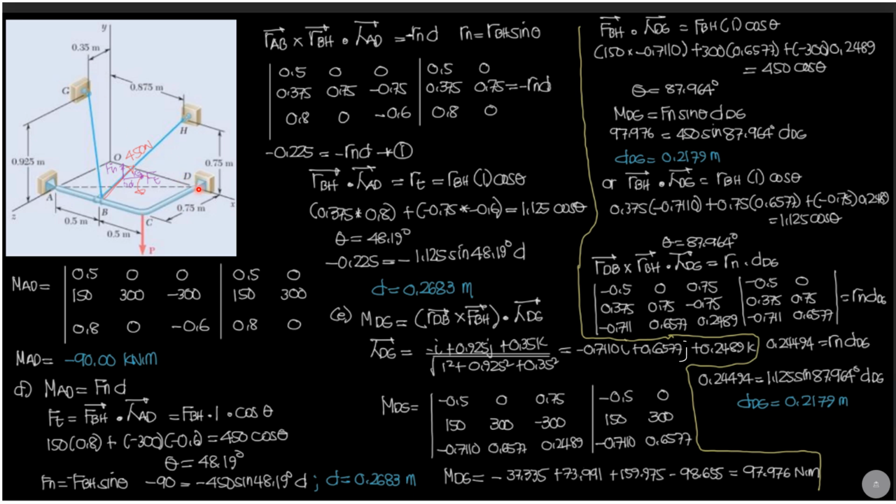I just choose D to the point on the line of action of the force, which is B. You can also choose H if you want, but I just select B. So RDB cross FBH, that lambda of DG, where the lambda of DG is equal to D to G, negative 0.5i and positive 0.75k.